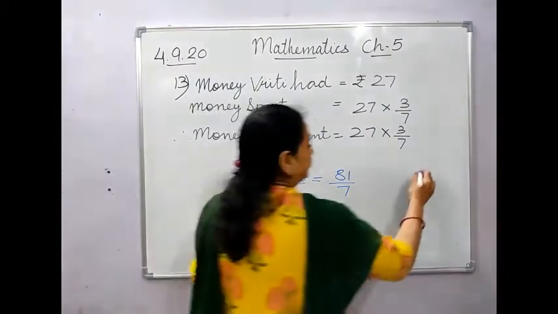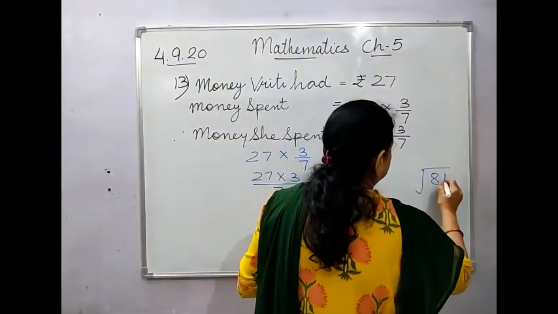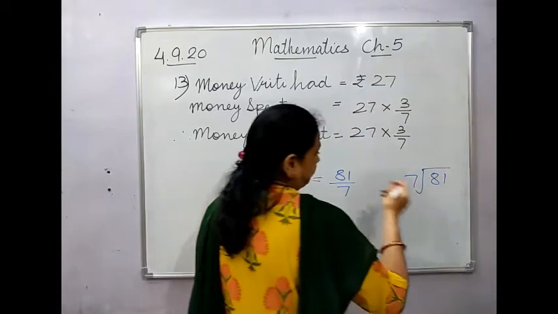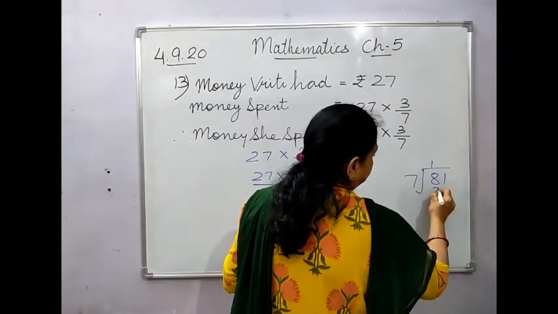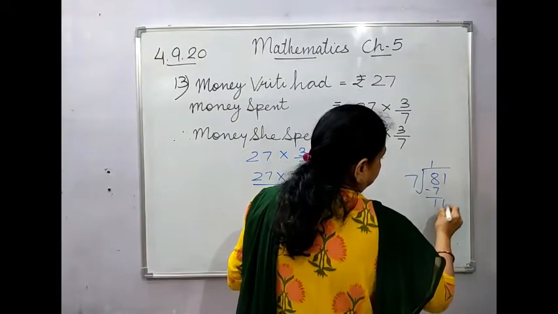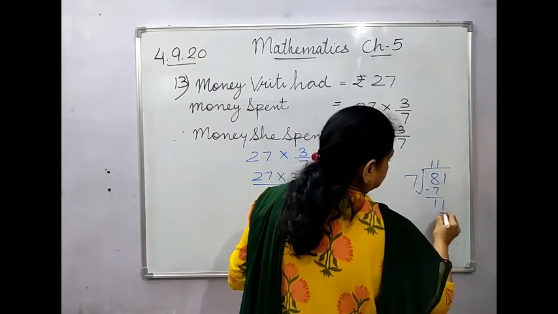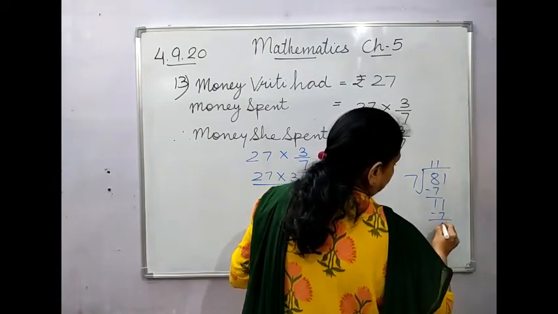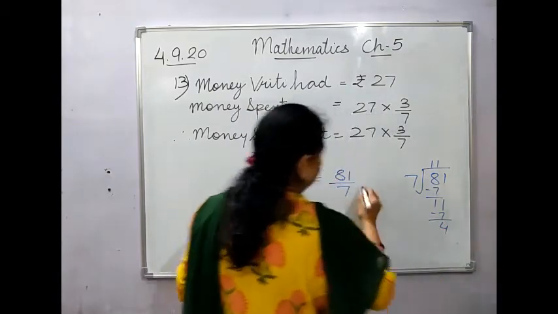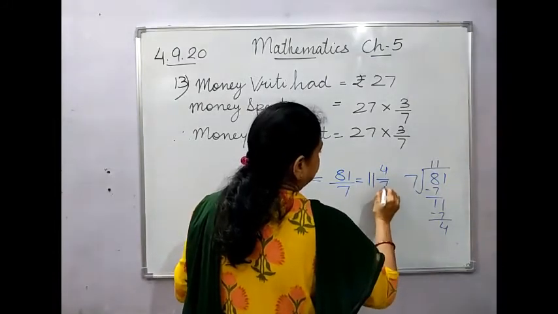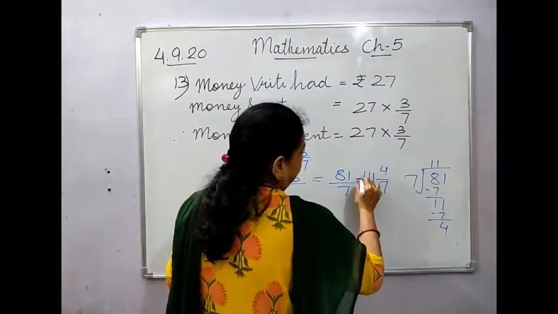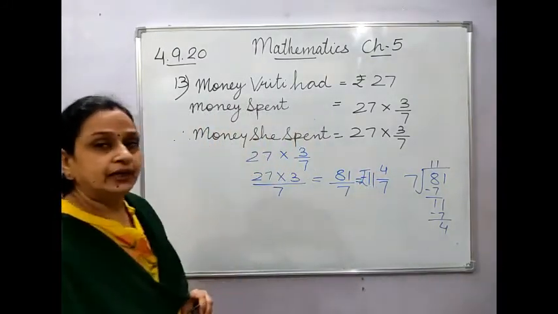So divide in the rough. 7 11s are 77, remainder 4. So it will be 11 whole number 4 upon 7 rupees. This much was spent by Vritti.